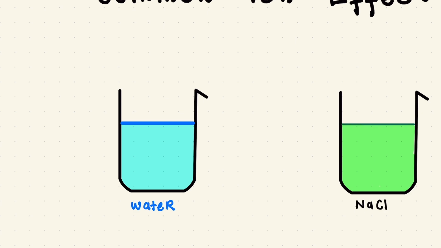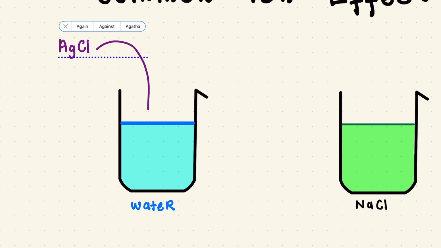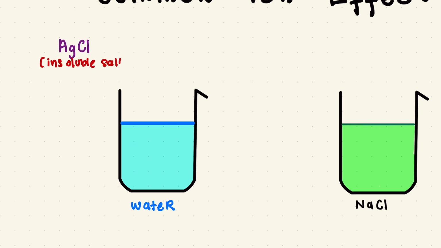For example, okay, Madam ambil argentum chloride. So usually we are going to add argentum chloride. Oh, but before that, argentum chloride is insoluble salt. Okay. And then you add in water.